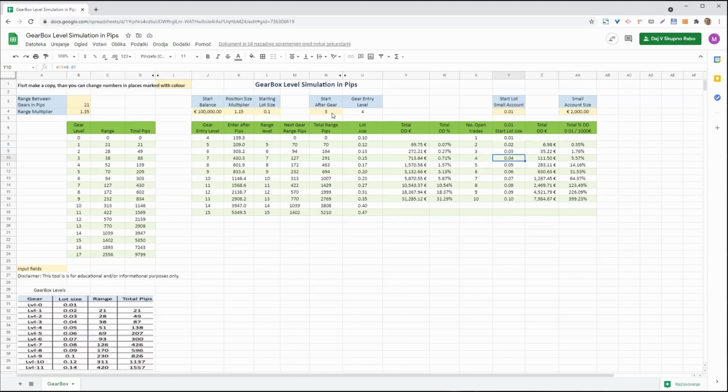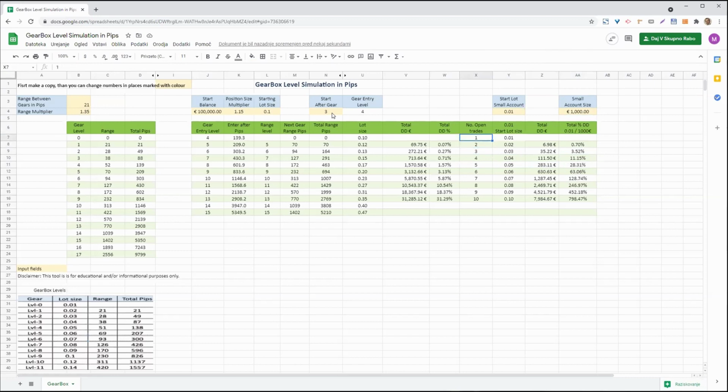So in this case, you see what is happening. You can see now I have around $100 drawdown, so we are very close to opening the next trade, 0.4 lot. And then in this case it will be around 5%, or if we shrink the amount and have just $1,000, then it is 28% when we enter level 5.